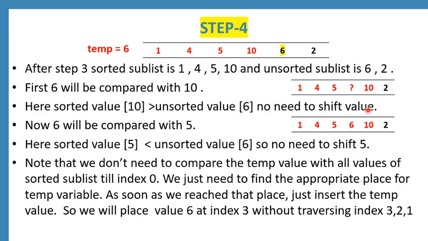Here you will see that we don't need to compare. We have compared 6 with 10, we have compared 6 with 5, but we know that the appropriate position of 6 is between 5 and 10, so we don't need to compare it with 4 and 1. It's just a waste of time.